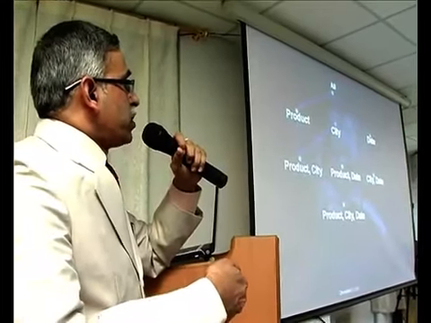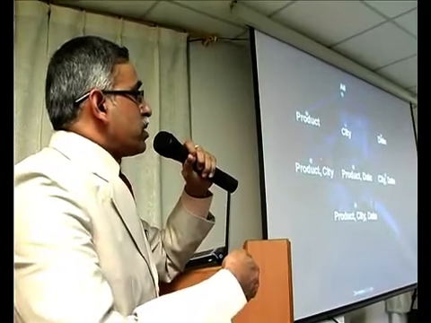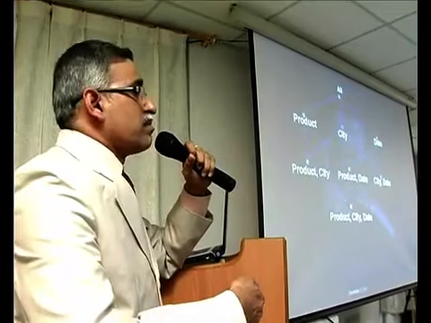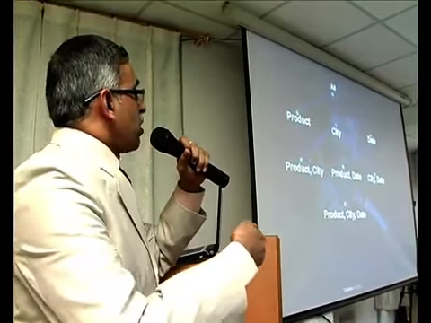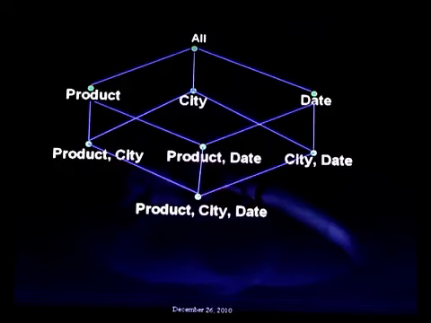For any combination you take, that value, or in other words, that measure, is always more than this. Similarly, all these three are always more than these two. Similarly, this is always more than all the three. So this is the least upper bound, in the sense that whatever sales aggregations you compute across the combinations of various dimensions, those values are always less than this and always more than this. So it imitates the behavior of a lattice with the GLB and LUB concept.